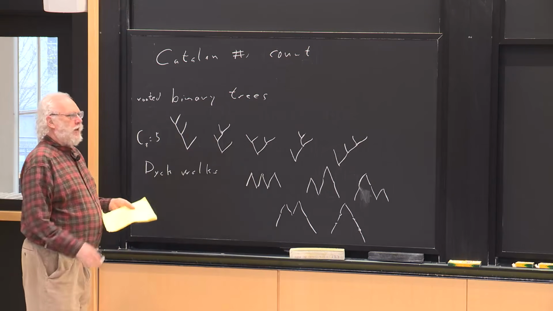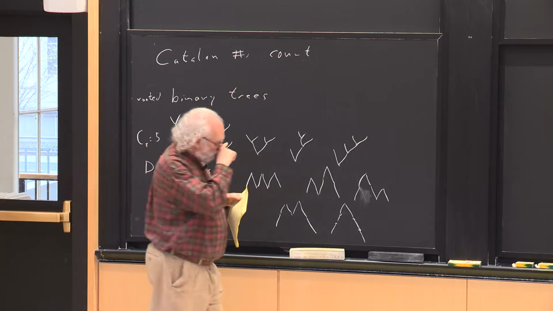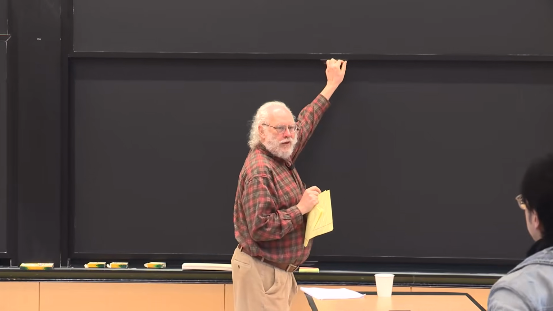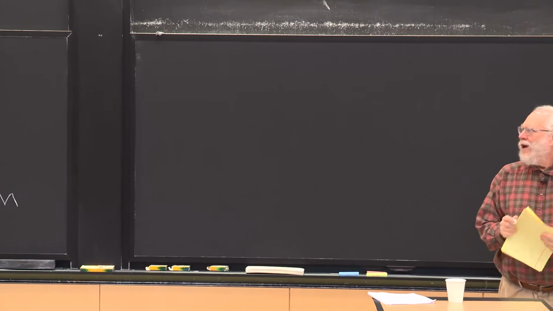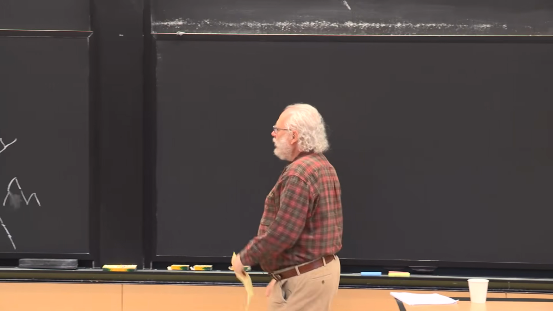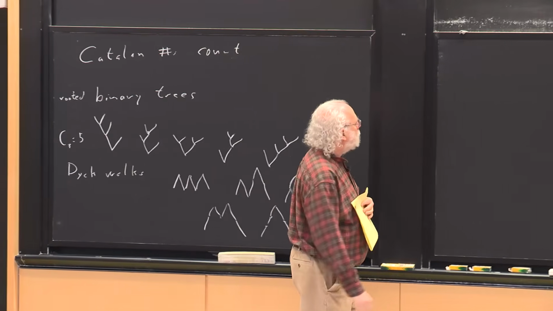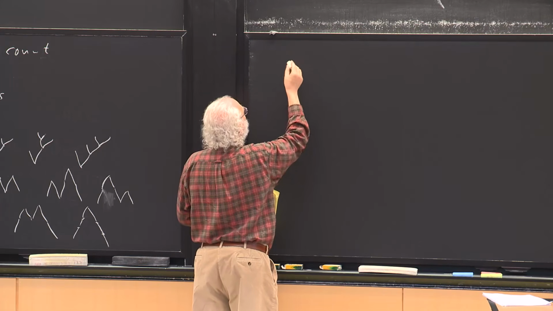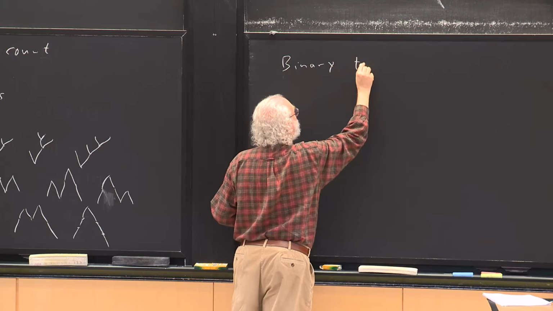Okay. So how would you get a generating function for Catalan numbers? Well, you want some kind of recurrence, so first let's start out by looking at binary trees.